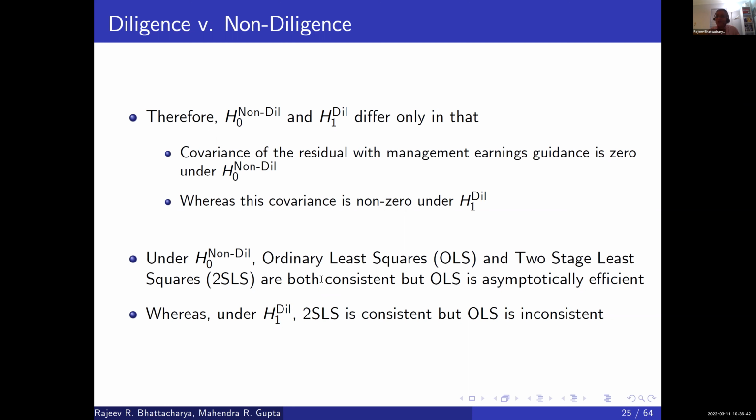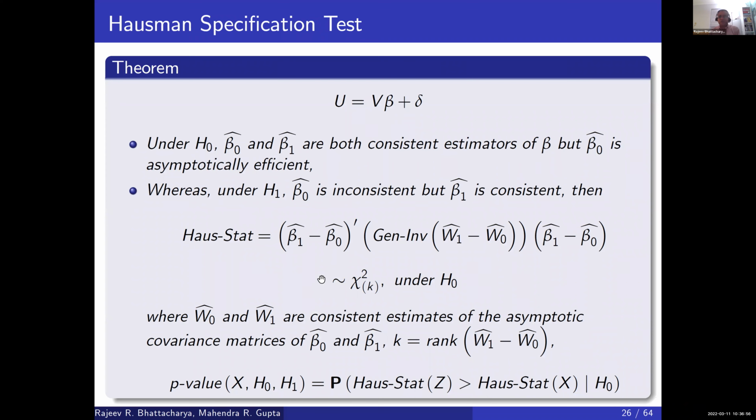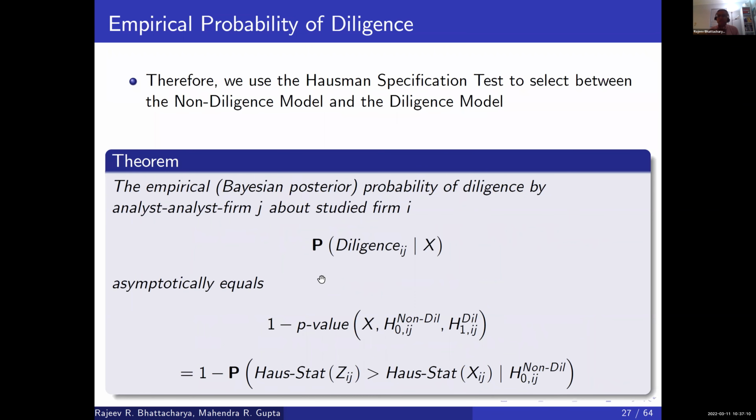Whereas under the alternate hypothesis of diligence, OLS is no longer consistent, but two-stage least squares is consistent, which lets us use the classic Hausman specification test, where the Hausman statistic under these conditions follows a chi-square under the alternate hypothesis. And so we can use the Hausman specification test to select between the non-diligence and the diligence model.